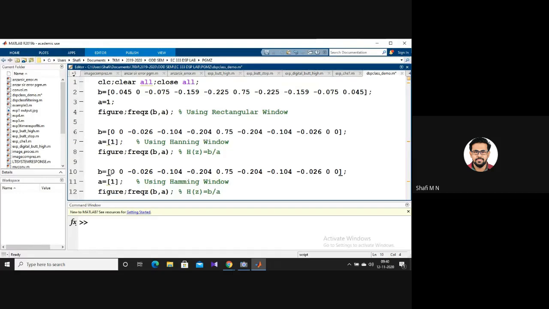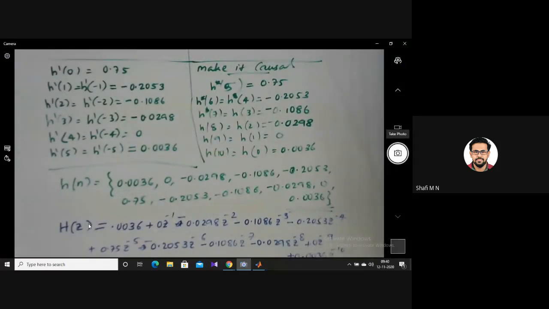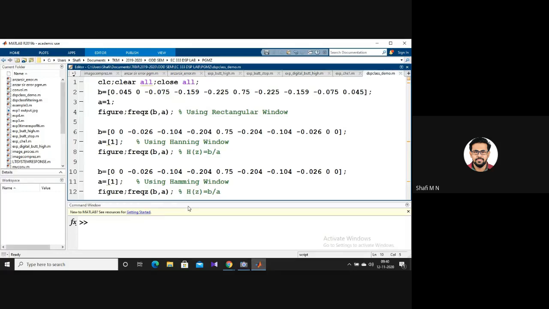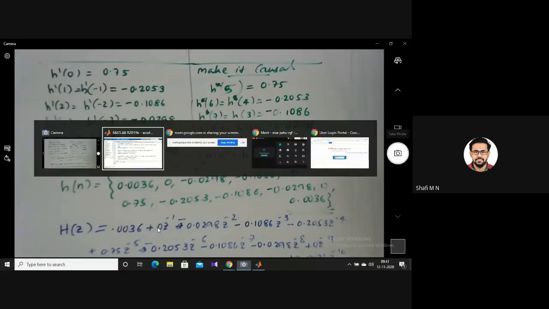Let's change our numerator coefficients. Look at your transfer function. So first value is 0.0036. This is the numerator, right? Denominator is completely 1, so a is 1 itself. For the numerator, first coefficient is 0.0036. Now the second coefficient is 0 z raised to minus 1, so second coefficient is 0.